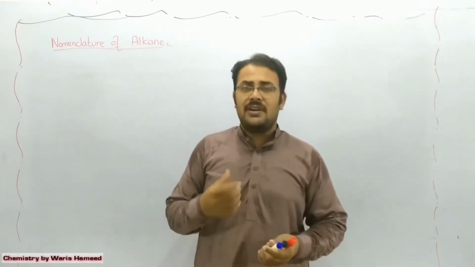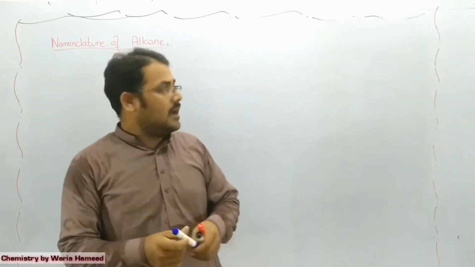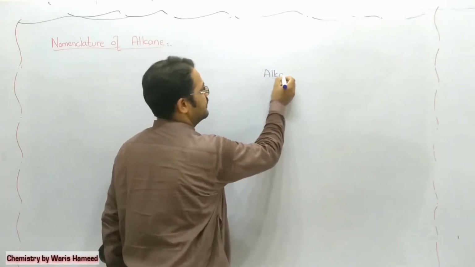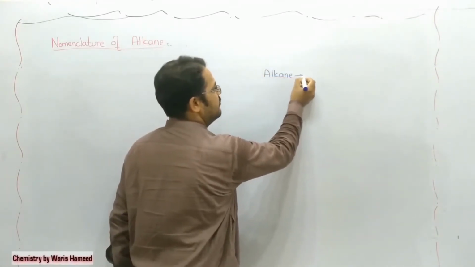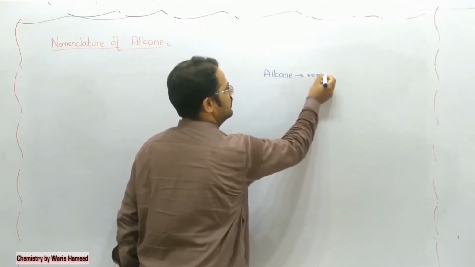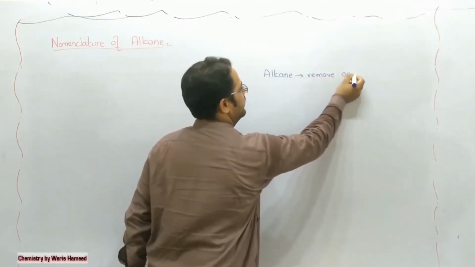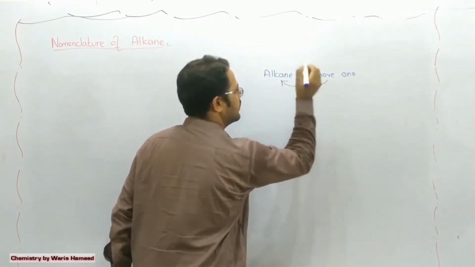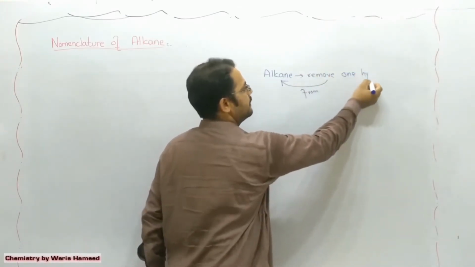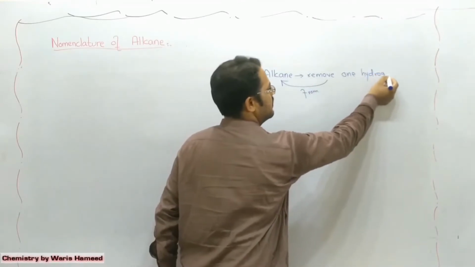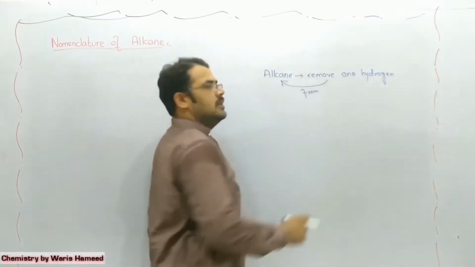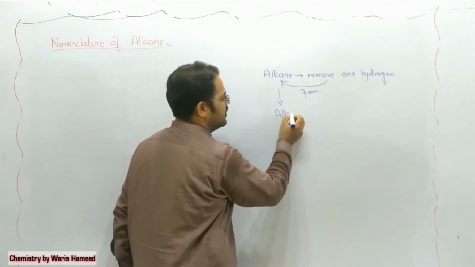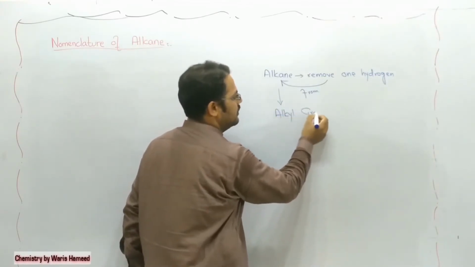Just about alkane. First of all, what is alkyl group? If we have any alkane, and we remove one hydrogen from alkane, then it forms alkyl group.